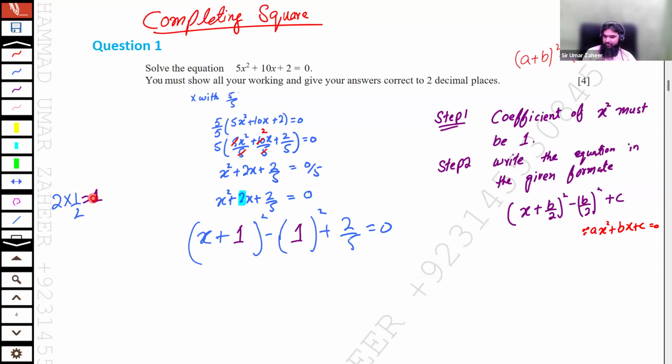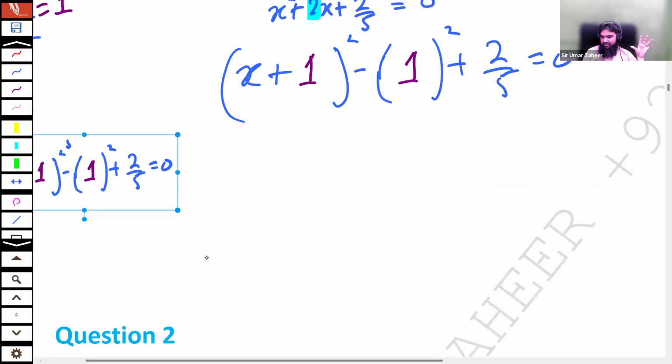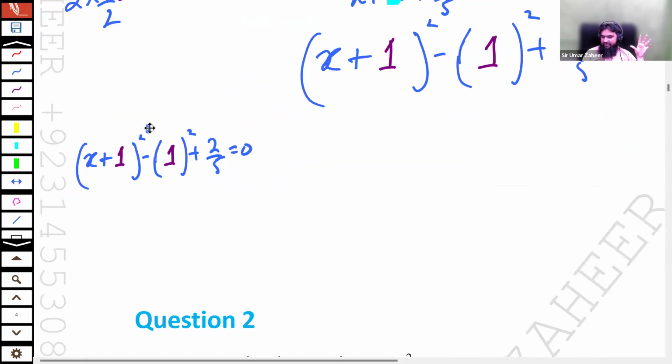For example, in the rough work, you have the formula (x plus 1) whole square. What will you get?